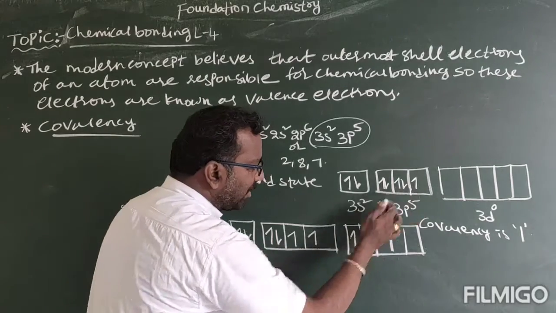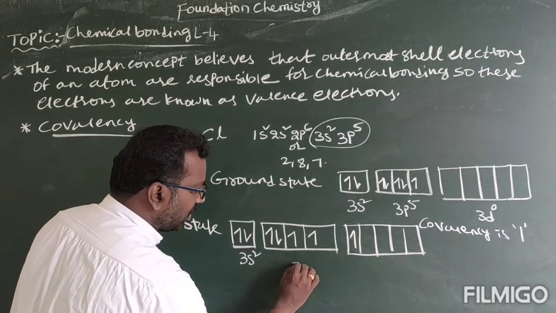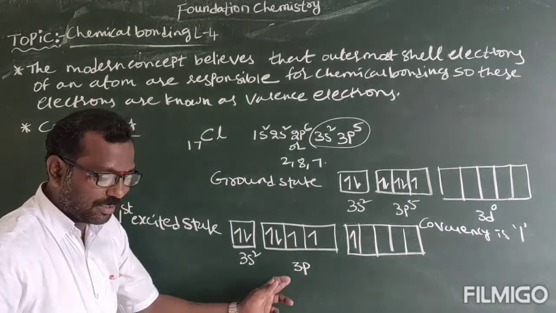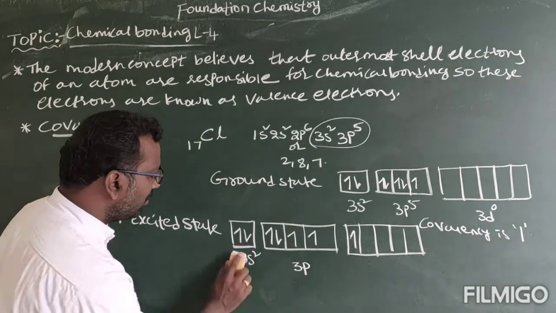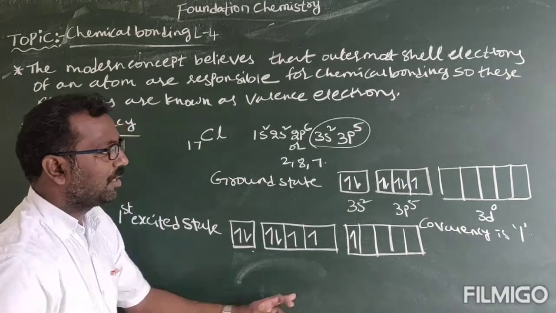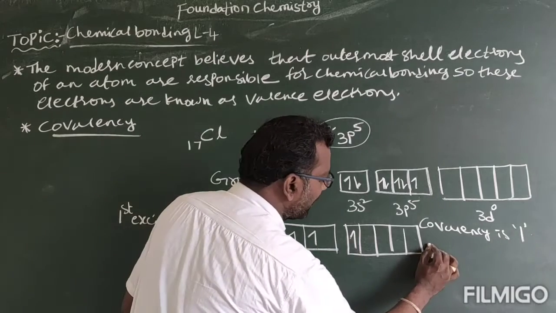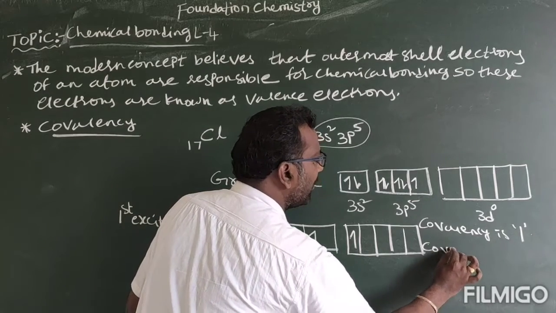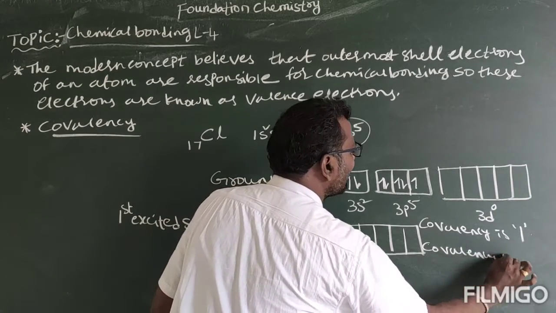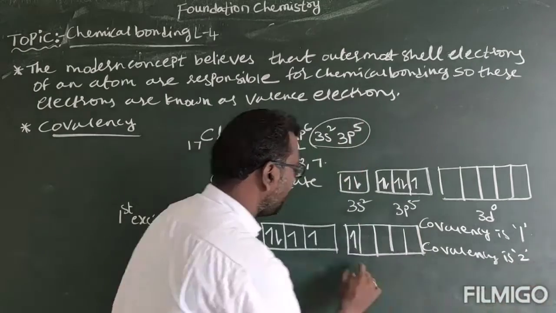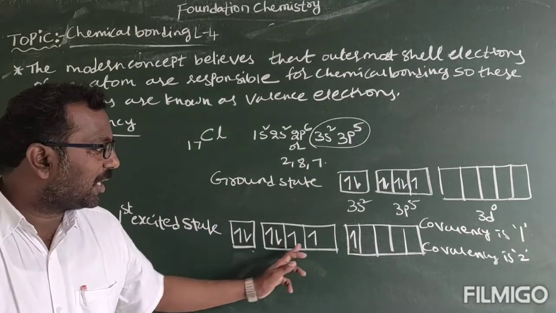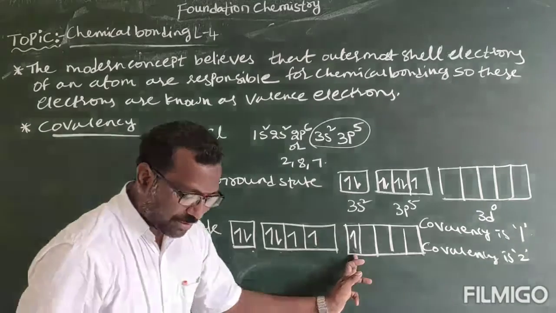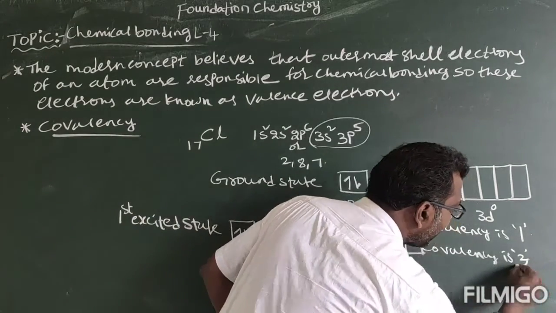This paired electron will jump into this. So here what is happening, you see. Have you understood? Now the covalency is how much for this case? Covalency is 3 here, with 3 unpaired electrons.